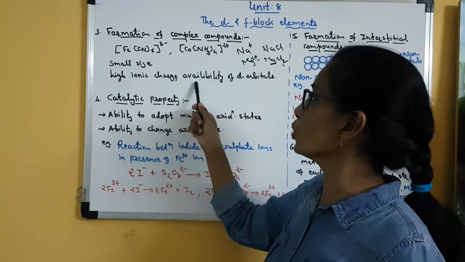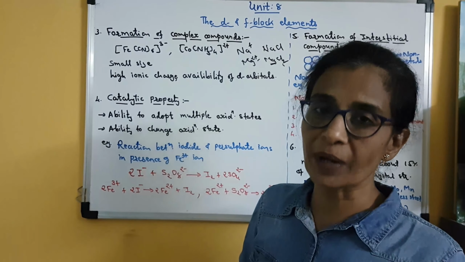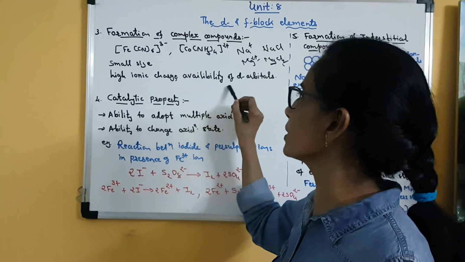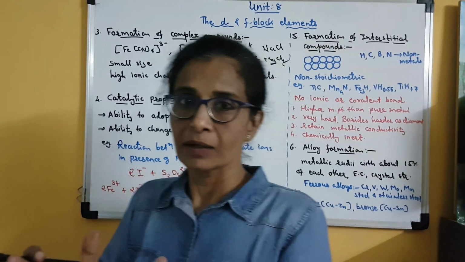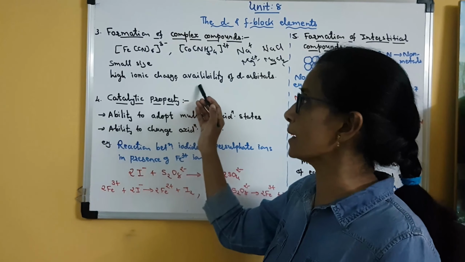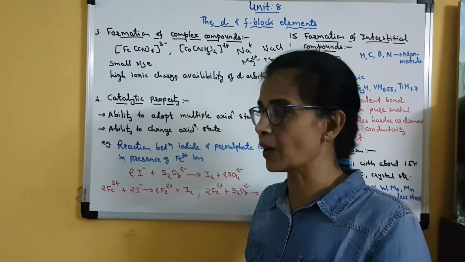Clear? So due to the availability of d orbitals also, they can form complex compounds. Clear? So we will not go into much detail. Only these three factors, which are important characteristics of the transition metal ion, you have to remember, and they are responsible for the formation of complex compounds.